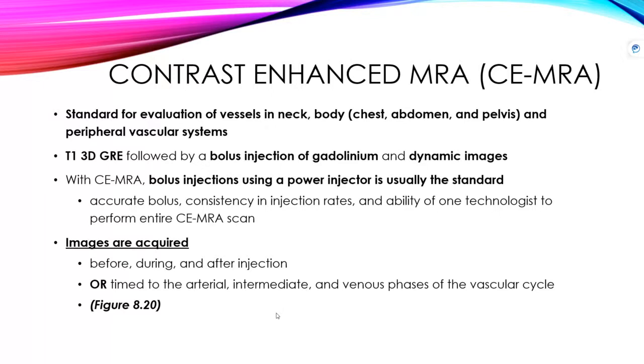Okay, so figure 8.20 on page 287, these are coronal contrast enhanced MRA, CEMRA. Remember your acronyms. Of the abdomen, acquired before, which is the top image, and after images are the two bottom ones.